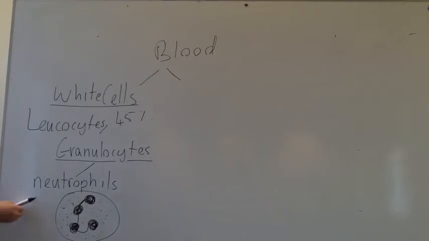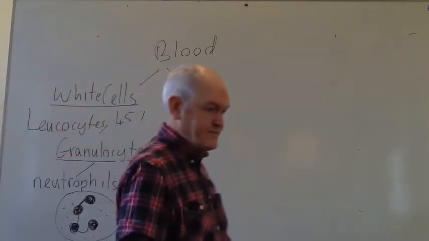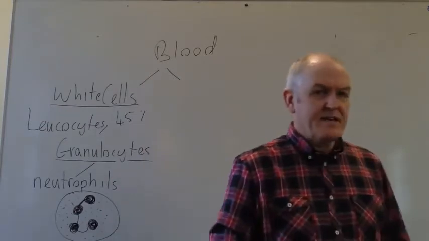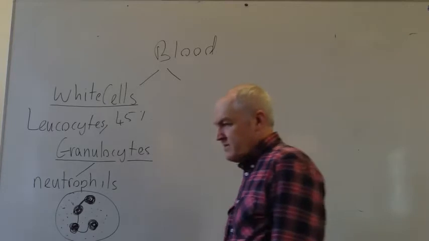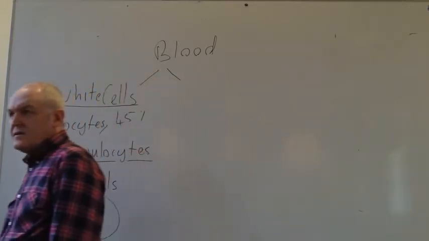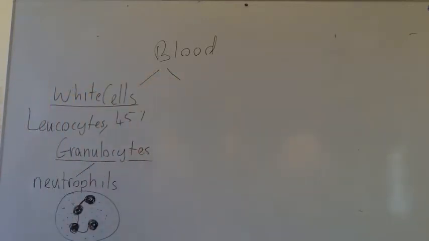And neutrophils are particularly important at combating bacterial infection. So if you have a bacterial infection, the number of neutrophils in the blood will go up to combat that bacterial infection.